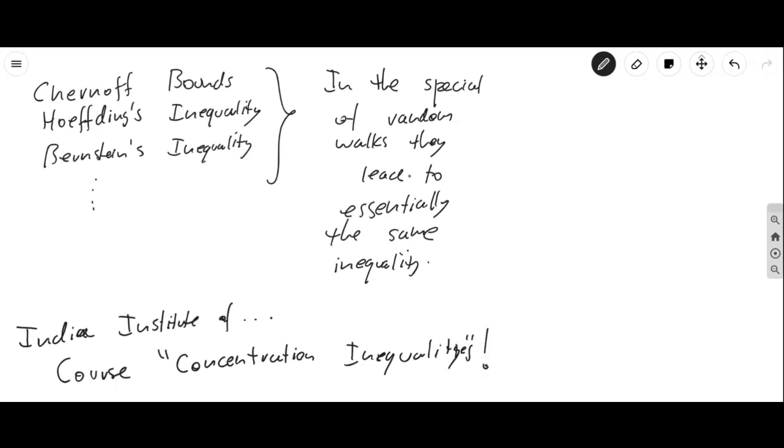So imagine that, an entire course dedicated to concentration inequalities. We just have a single lecture dedicated to these inequalities, but you can have an entire course on that. Again, it just goes to show how deep mathematics really goes. So if you're interested in that, you can look into that.